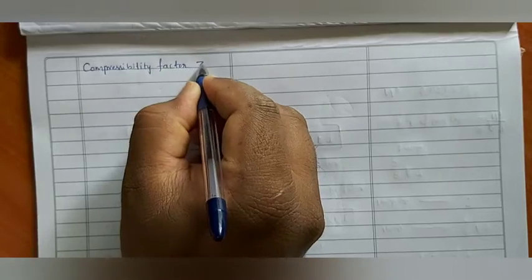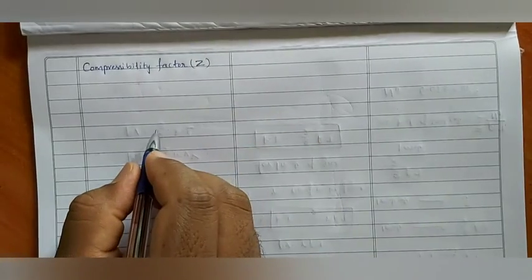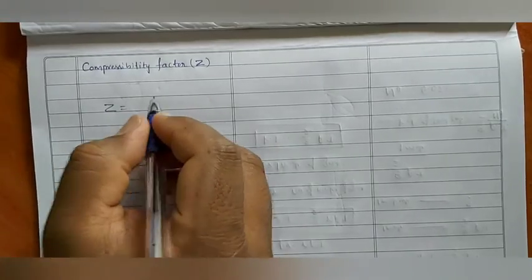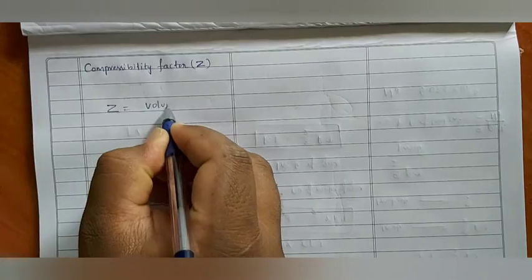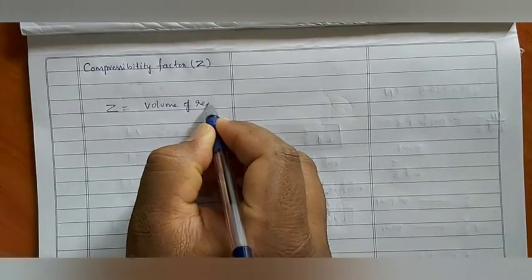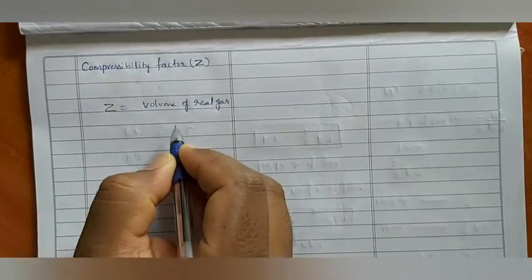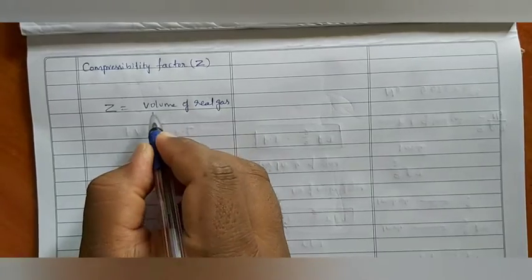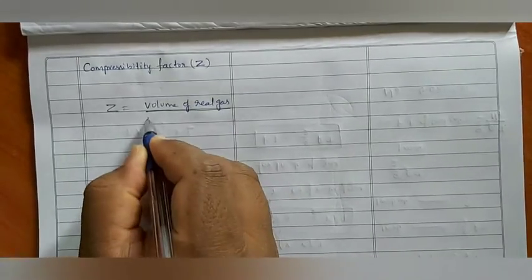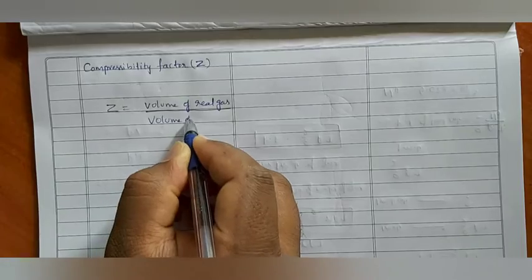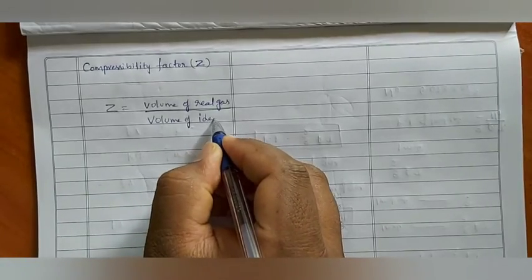Compressibility factor is represented by Z, where Z is equal to volume of real gas divided by volume of ideal gas.